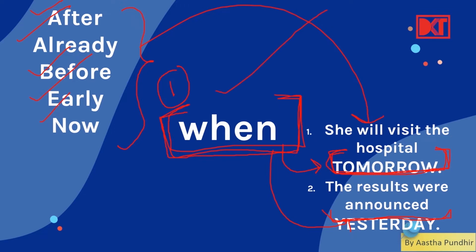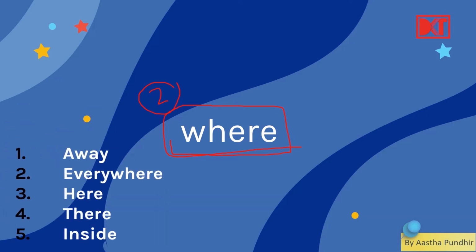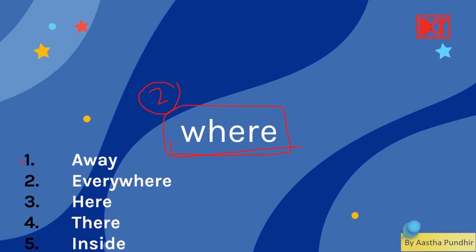Now, next category. The next category of adverbs are the ones which answer the questions of where. Let us see a few examples. The adverbs are away, everywhere, here, there, inside.